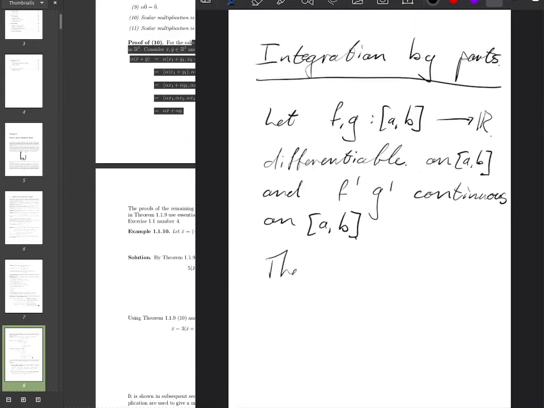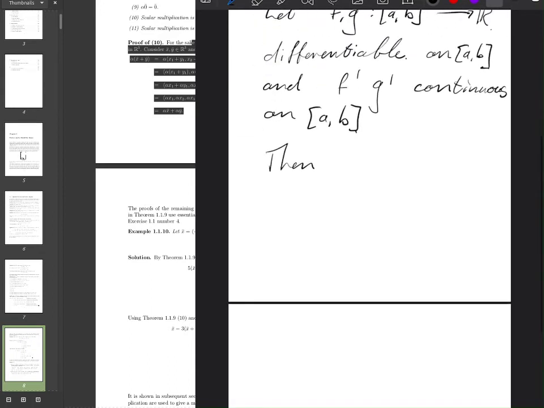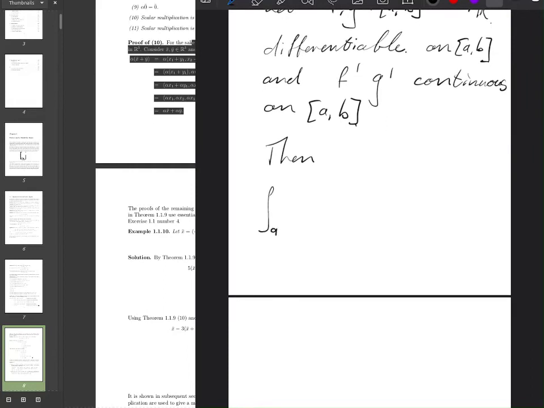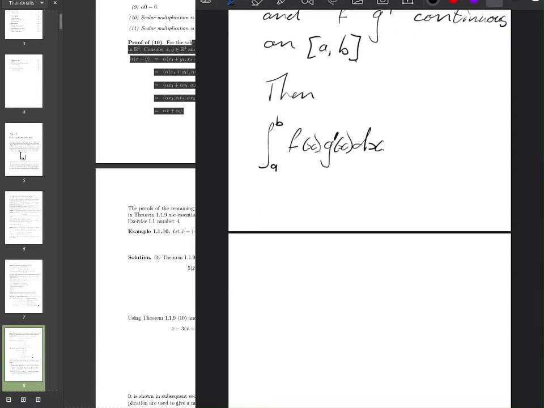Then the following holds. The integral of f of x times g prime of x dx is equal to the product of f of x and g of x evaluated at the endpoints from a to b.